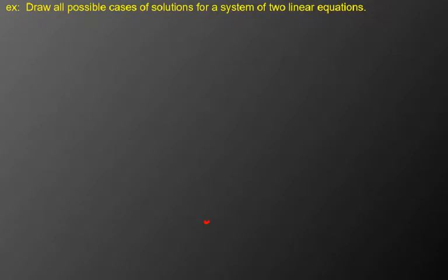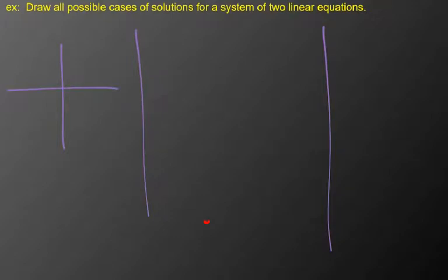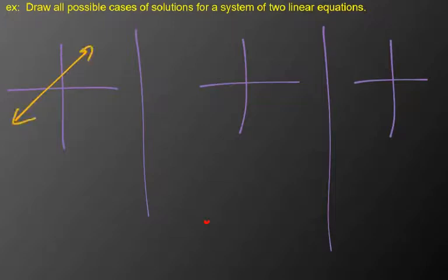If we're thinking lines, though, there are 3 cases, basically, for solutions to a system of just 2 lines. One of them is like the first picture we already drew. So we could have a line, we could have another line, and we know that this is one solution.